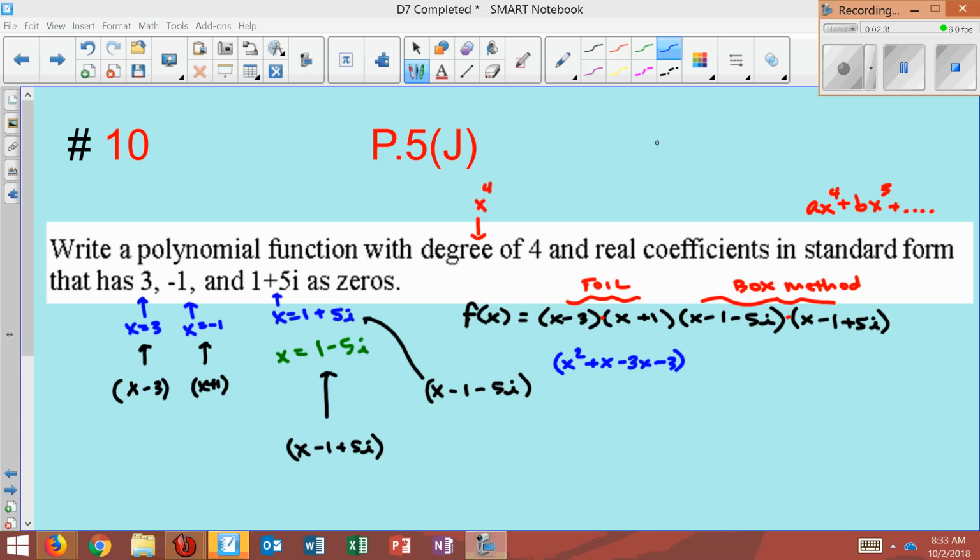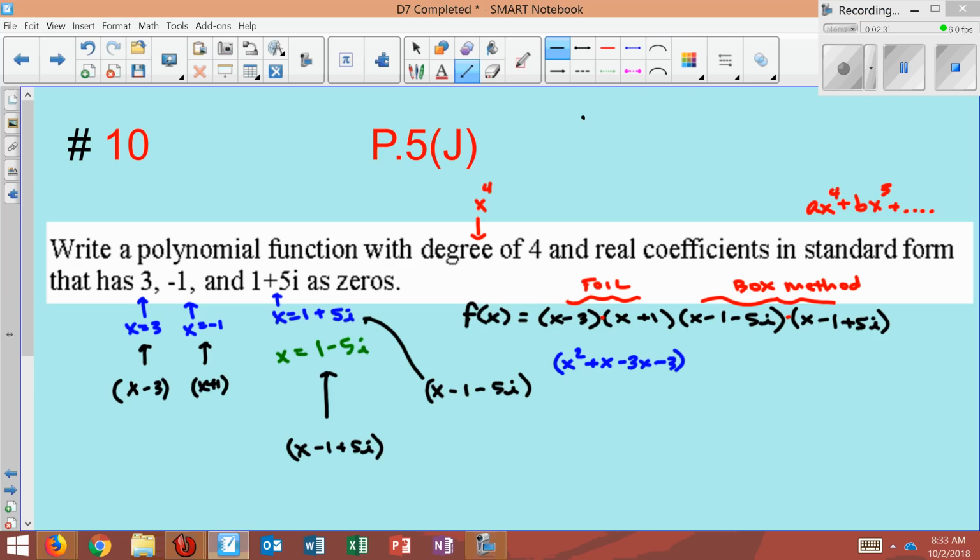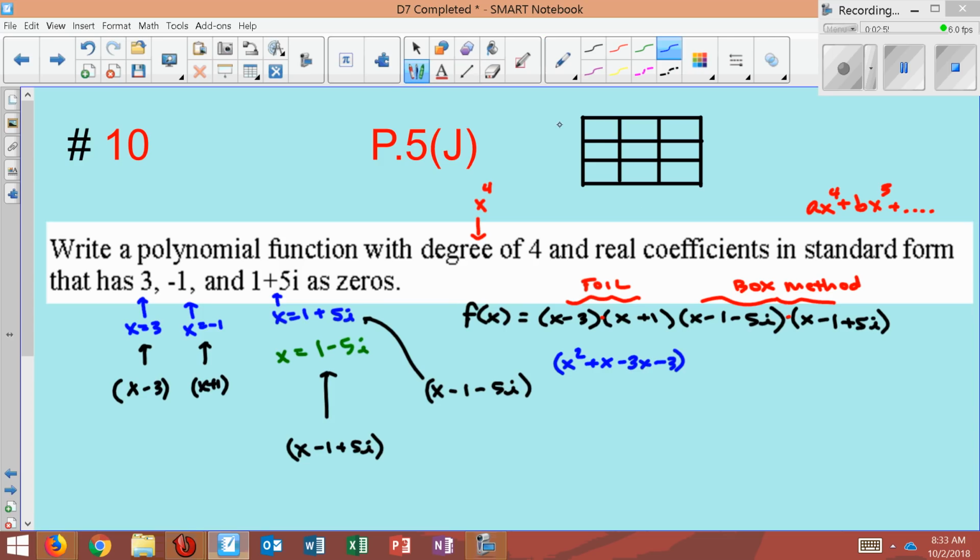Now for this, I'm going to do a box here. So my box method, I want 3 terms by 3 terms. Okay, and so for my box method, I'll have x minus 1 minus 5i, and it doesn't matter which goes on the left or which goes on the top.